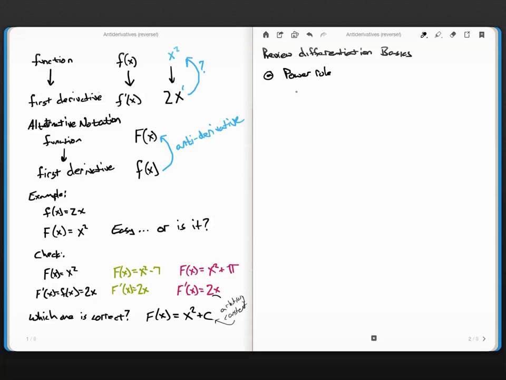That if f of x equals x to the nth power, then f prime of x, once we do this expansion of x plus h, we always wind up with the exponent coming out front, and then the power goes down by 1: x to the n minus 1.